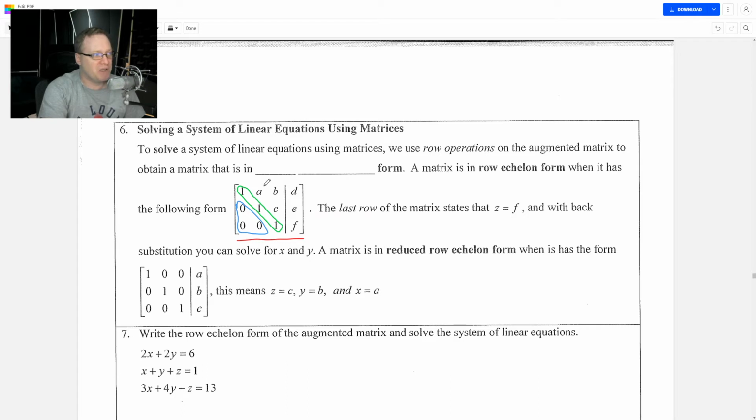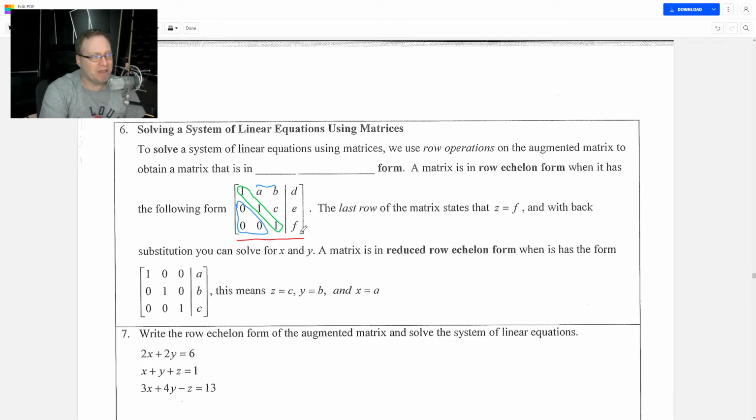Now, on top here, these can be numbers. A, B, C just means any numbers. It could be 10, 15, 34, -6. It doesn't matter. And D, E, F are also going to be numbers. The numbers on the constant side of our augmented matrix can also just be numbers. So the important thing that we need to get is just this 1, 1, 1 on the diagonal, and below the diagonal, we want it to be 0, 0, 0.